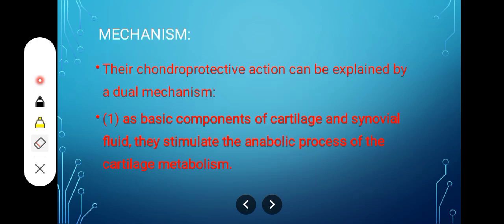So the mechanism: their chondroprotective action can be explained by a dual mechanism. The first mechanism is that, as a basic component of the cartilage and synovial fluid, they stimulate the anabolic process of cartilage metabolism.